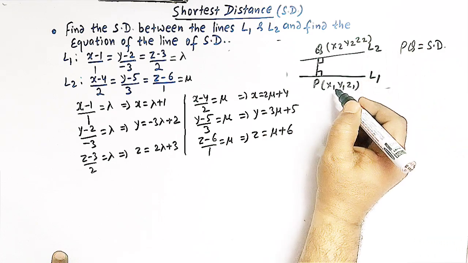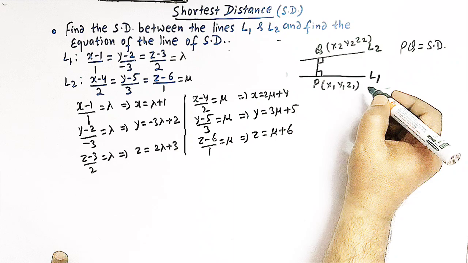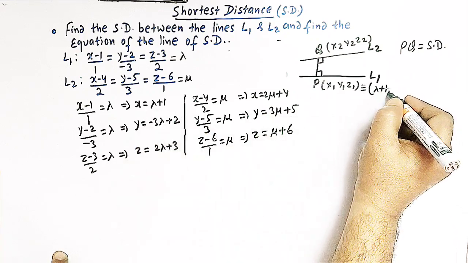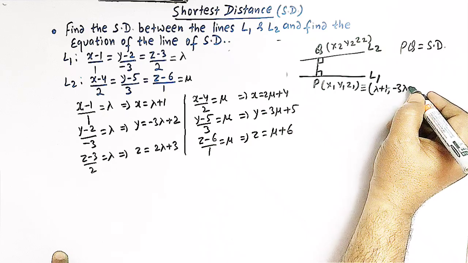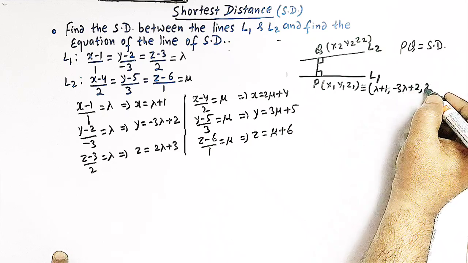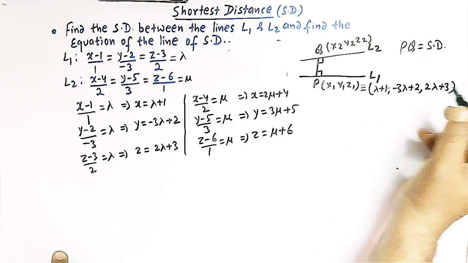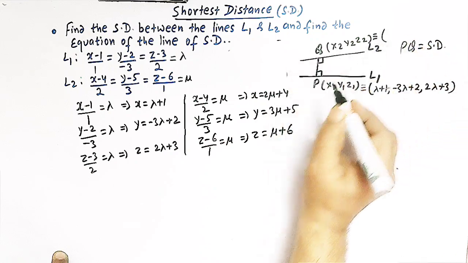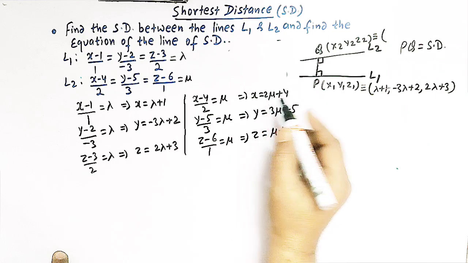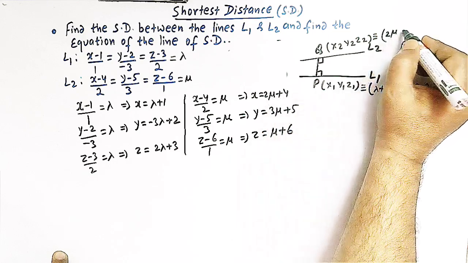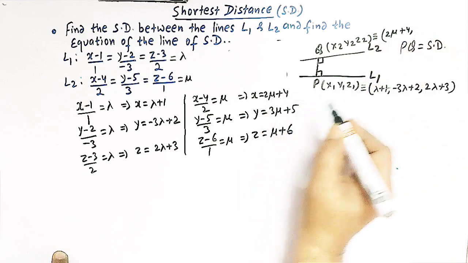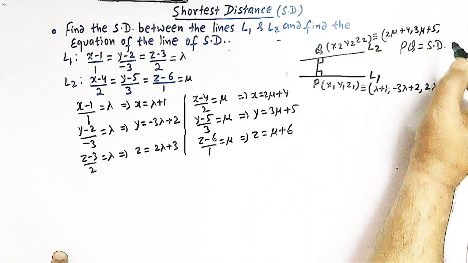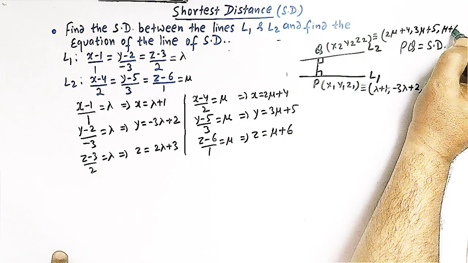Here we can now take (x1, y1, z1) as this point, that is lambda plus 1, then minus 3 lambda plus 2, and 2 lambda plus 3. And this point Q can be taken as x2 is 2 mu plus 4, then 3 mu plus 5, and then mu plus 6.